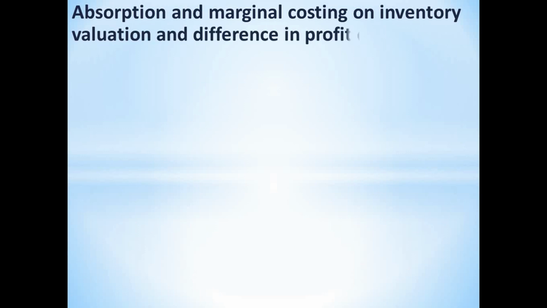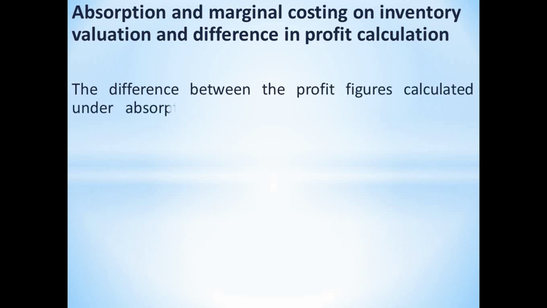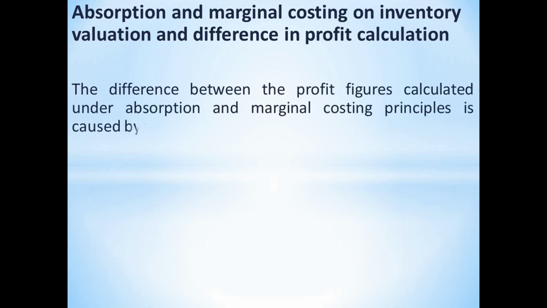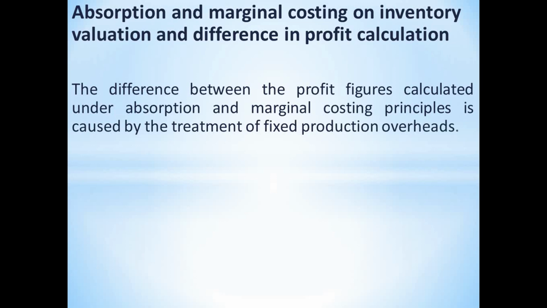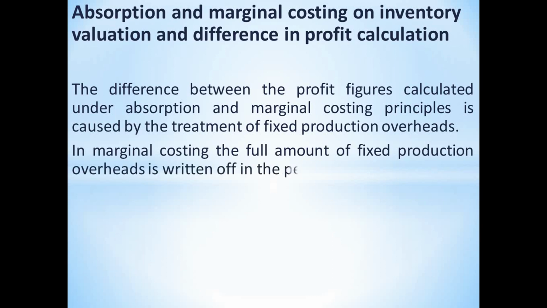Absorption and marginal costing on inventory valuation and difference in profit calculation. The difference between the profit figures calculated under absorption and marginal costing principles is caused by the treatment of fixed production overheads. In marginal costing, the full amount of fixed production overheads is written off in the period that it occurs.